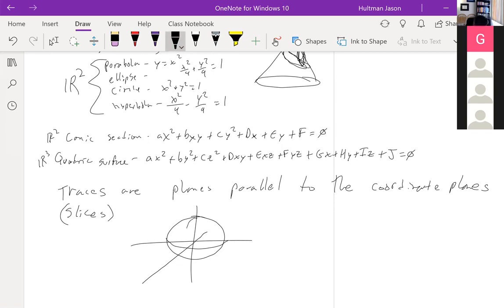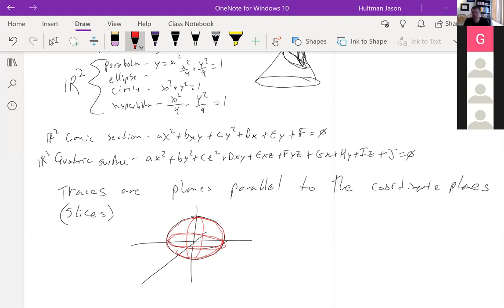I could actually have a trace here, and a trace here. That's in the y direction, that's the y plane. This is the xz plane. And then the big circle would be a trace. So those are 3 traces.